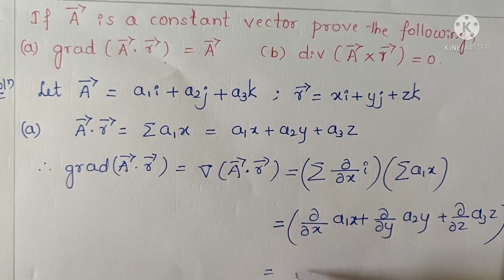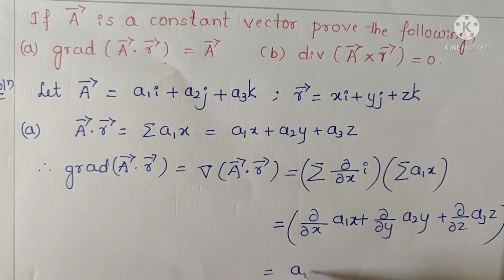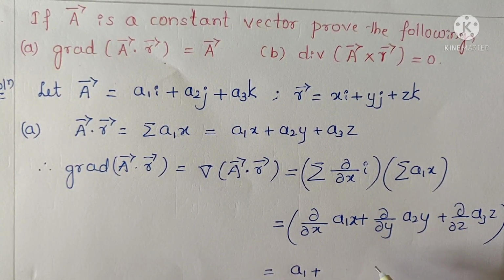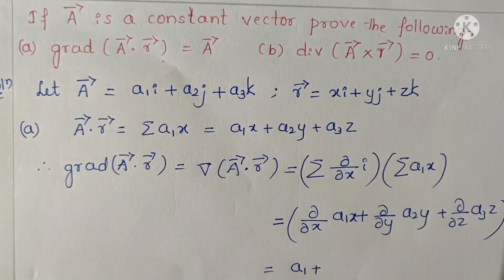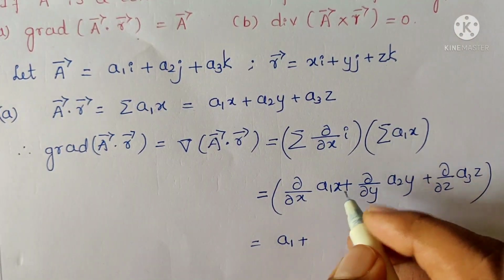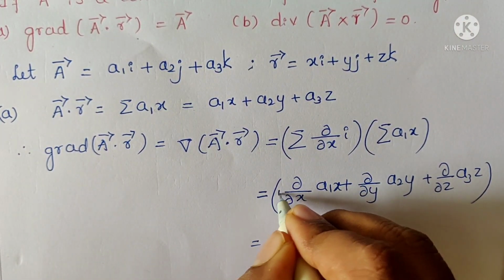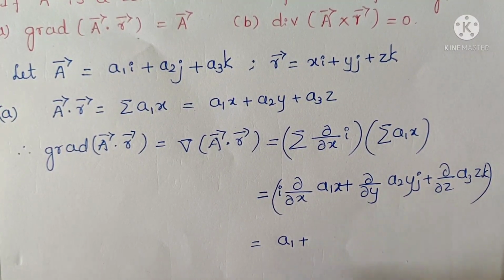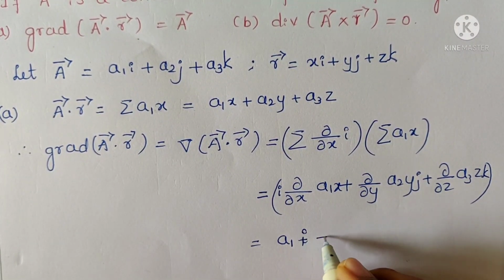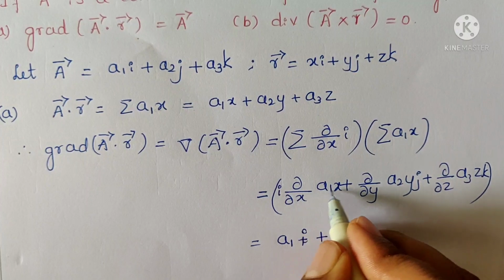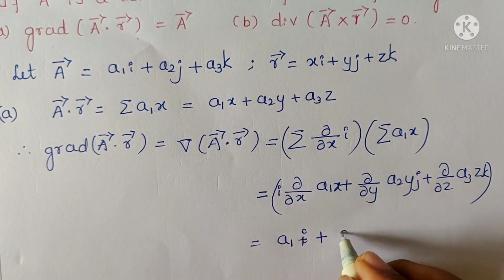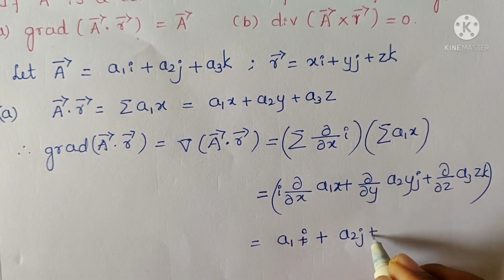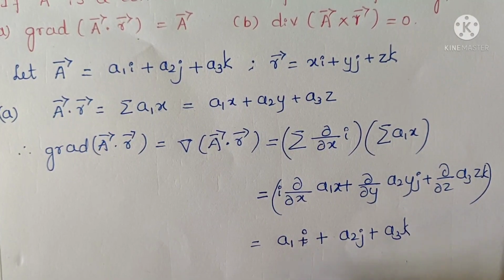This is nothing but, we forgot here i, so i, here it is j, and here k. So this is A1i because dou by dou x of A1x is A1, so here A2j plus A3k.